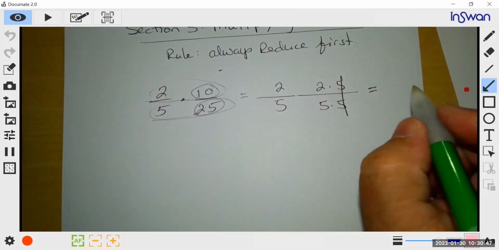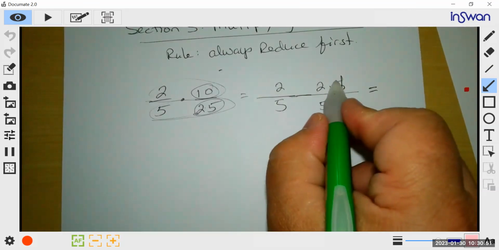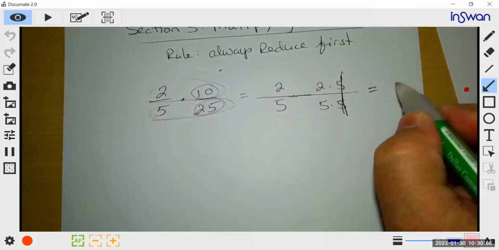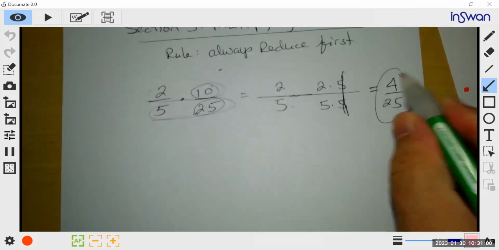So when you're multiplying fractions, everything on top multiplies and everything at the bottom. Once everything cancels, 2 times 2 is 4, 5 times 5 is 25, and there's your answer.